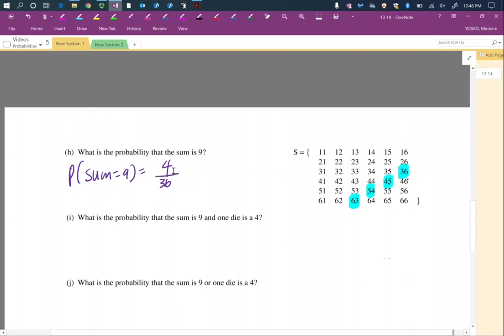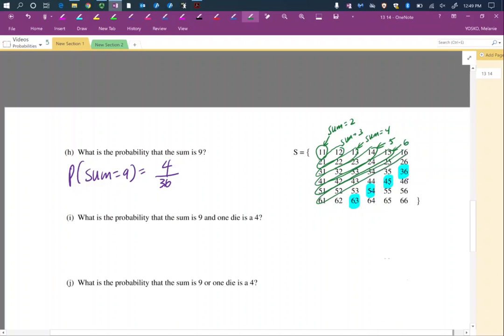So let's talk about the sums for just a moment before we move on. This set right here has a sum of 2. This has a sum of 3. This one, sum is 4. That's 5. This sum here is 6.